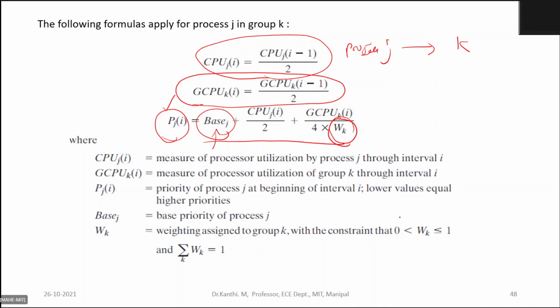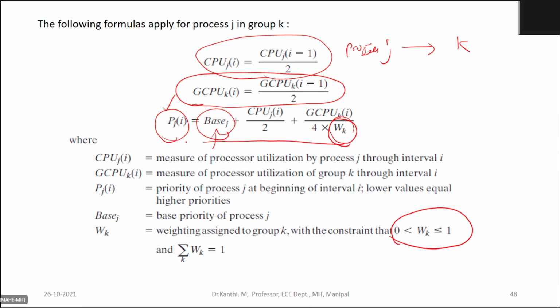The weight would normally be in the range of 0 to 1. You compute this number, and if the number is more, it means it has got a lesser priority.